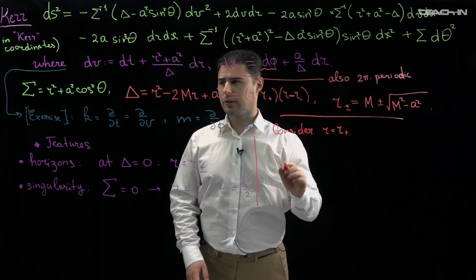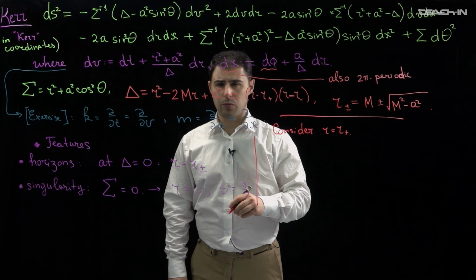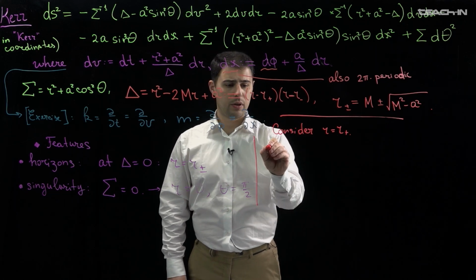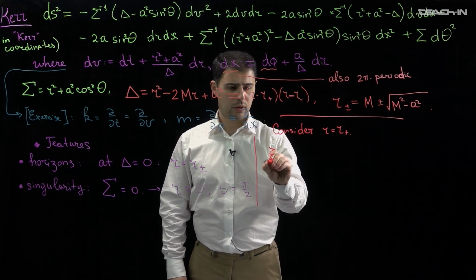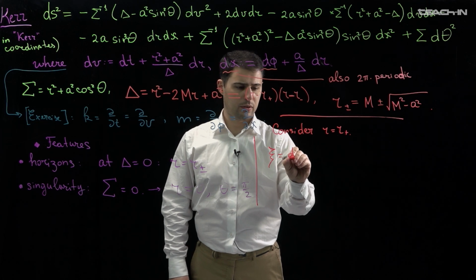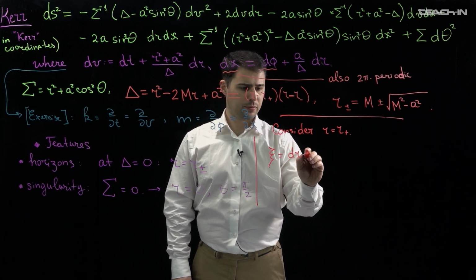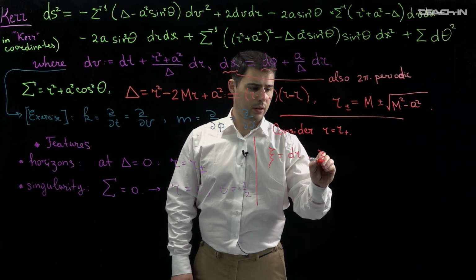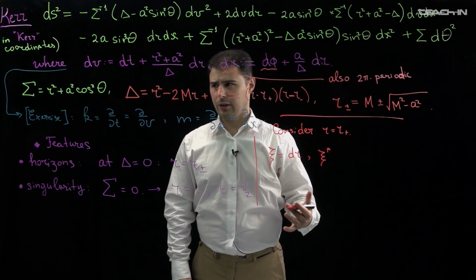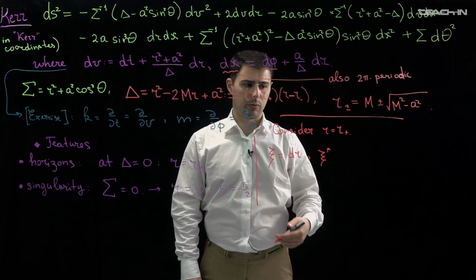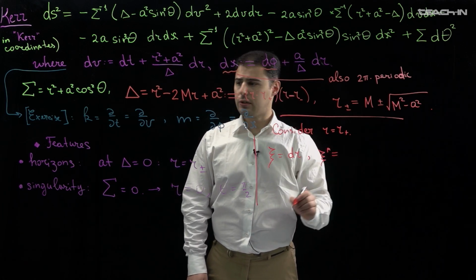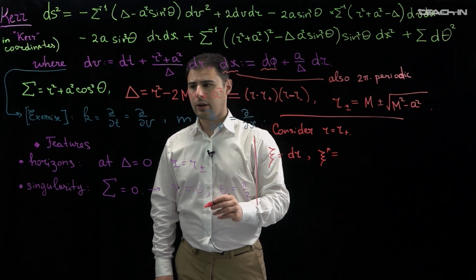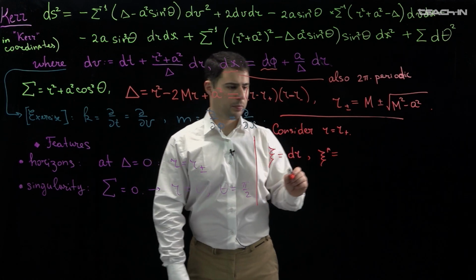So let's consider r equals r plus. The normal is given by dr, and raising the index, the normal vector field is given by a linear combination of both k and m.